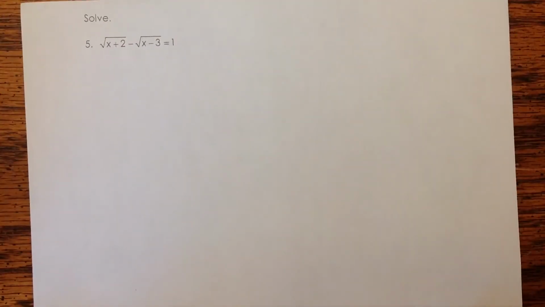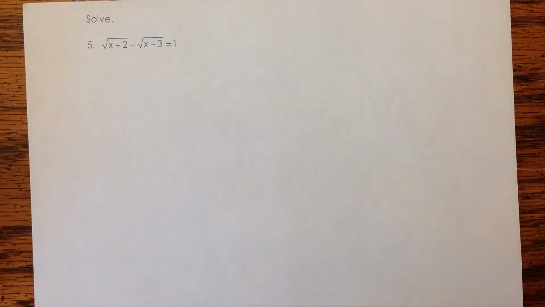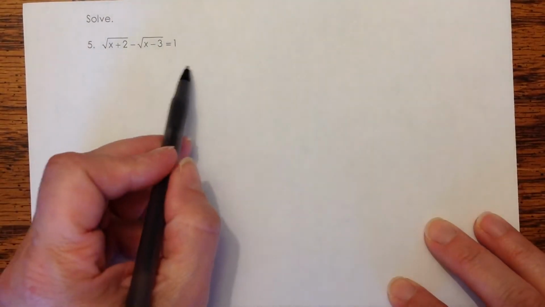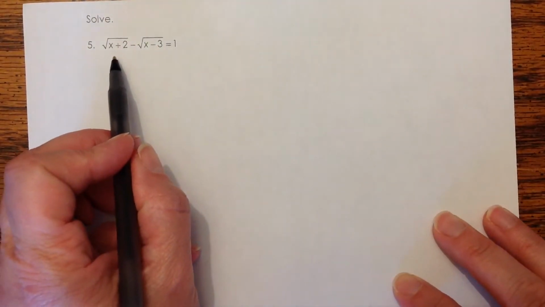So now let's get to a whole equation to solve. And as we go through, I will write down by each part the steps that are required to solving these. So the first step to solving an equation with a radical is to isolate a radical.